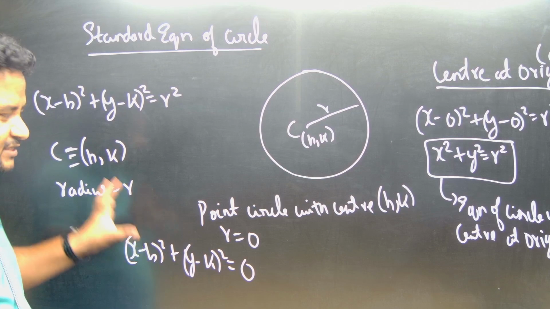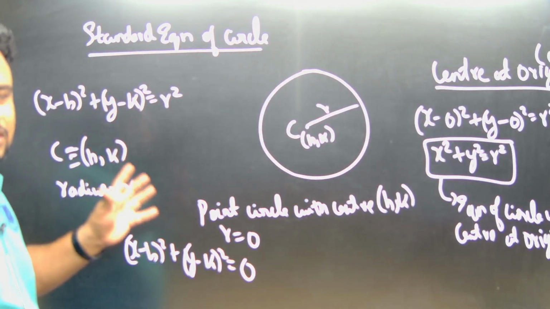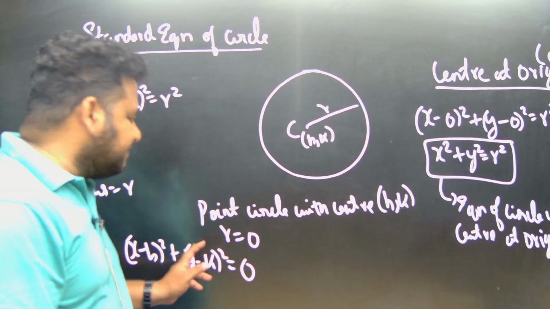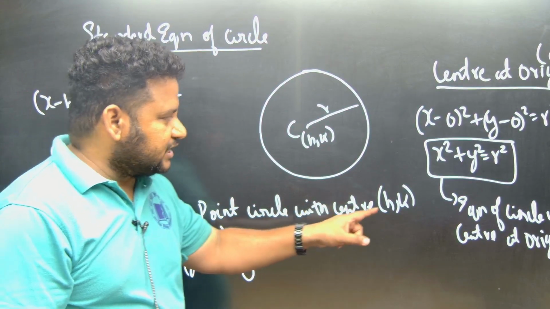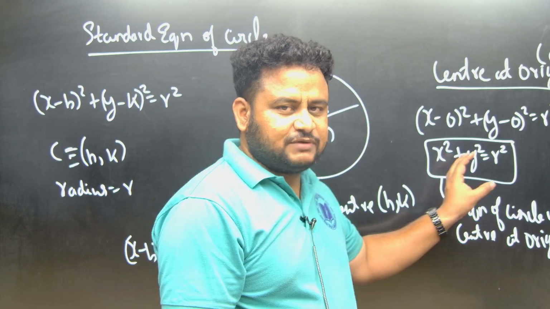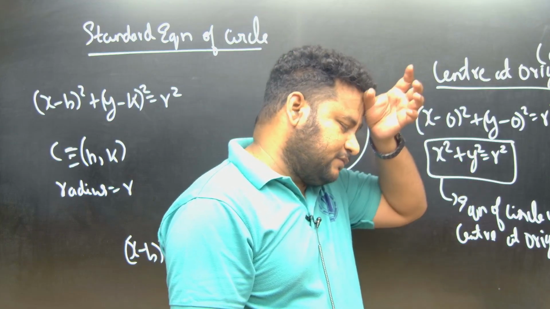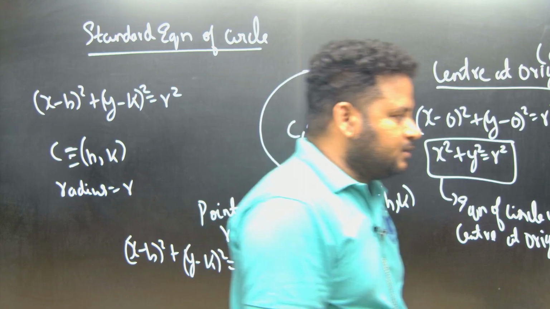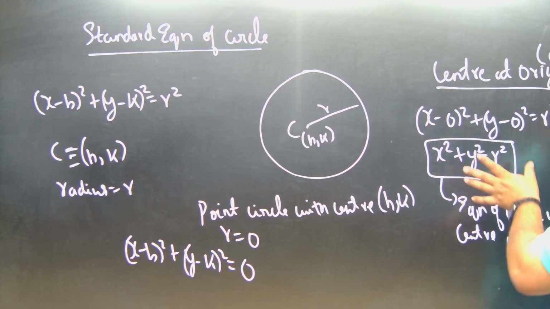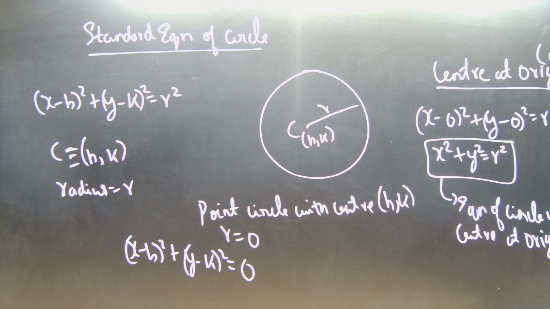And what happens if the center is at the origin? The h, k values become 0, because the coordinates of the origin are (0, 0). That gives x square plus y square is equal to r square, which is the circle with the center at origin. This you have to know. In many questions they will ask this, and at that time you have to know that the center is at origin.